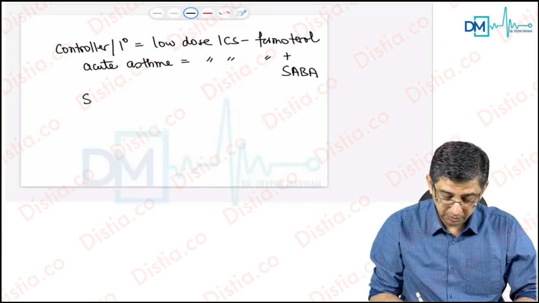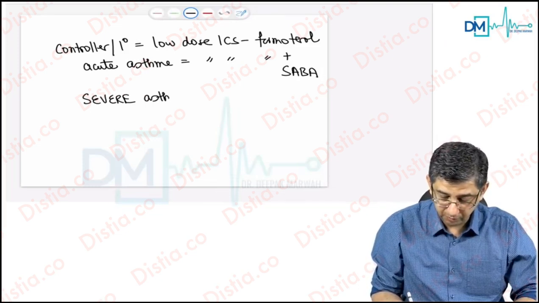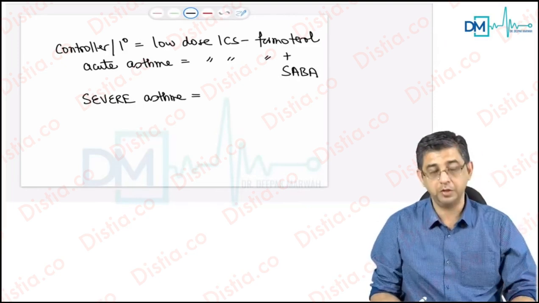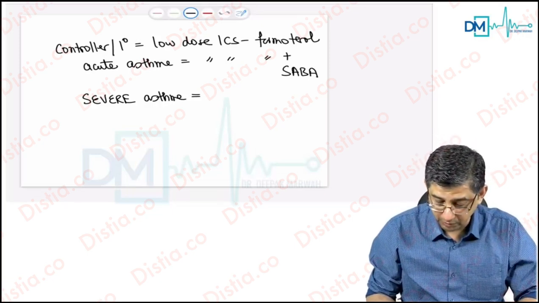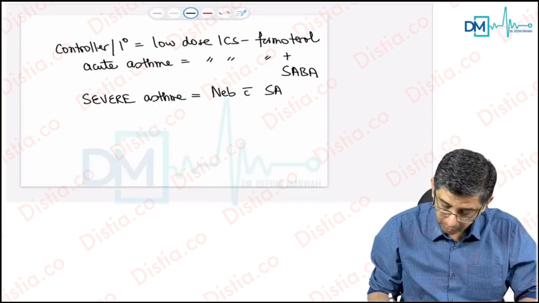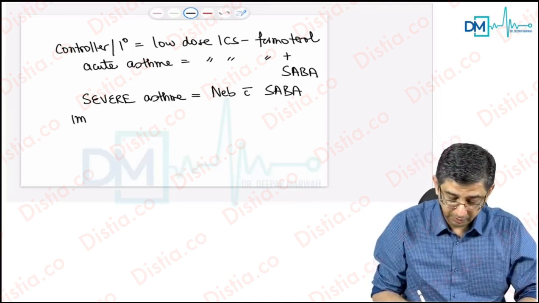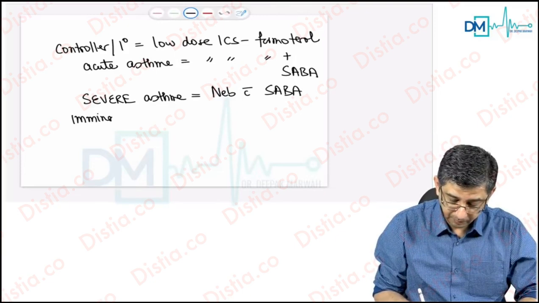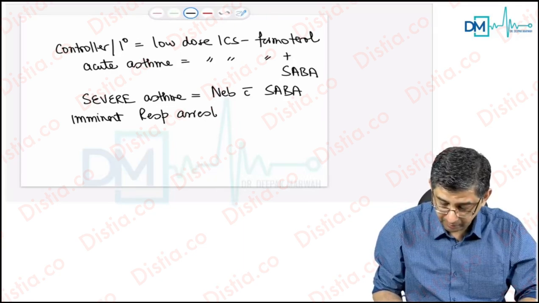However, if he says the words severe acute asthma, where the PEF or the forced expiratory volume of the patient would be less than 40%, then you will have to answer nebulization with salbutamol along with IV hydrocortisone. If he says imminent respiratory arrest, then elective intubation of the patient is recommended.